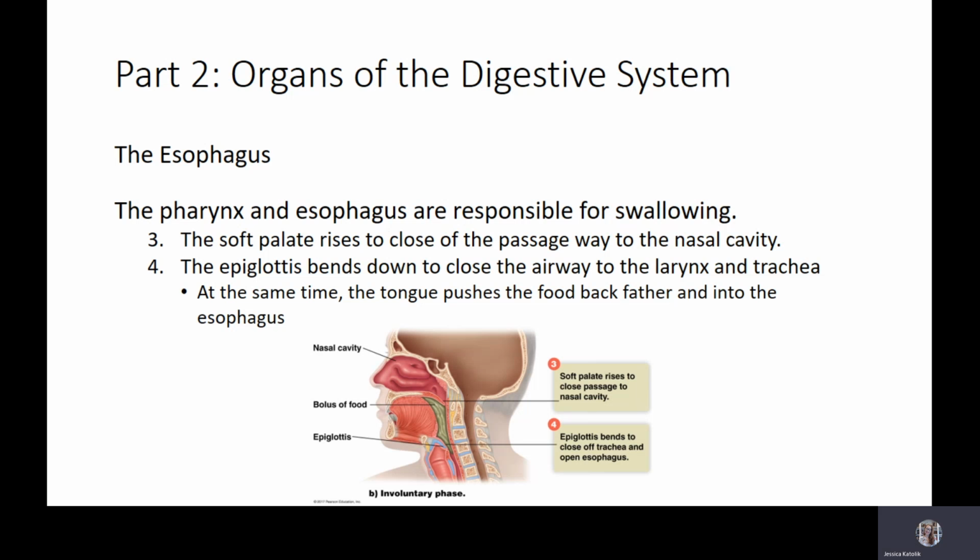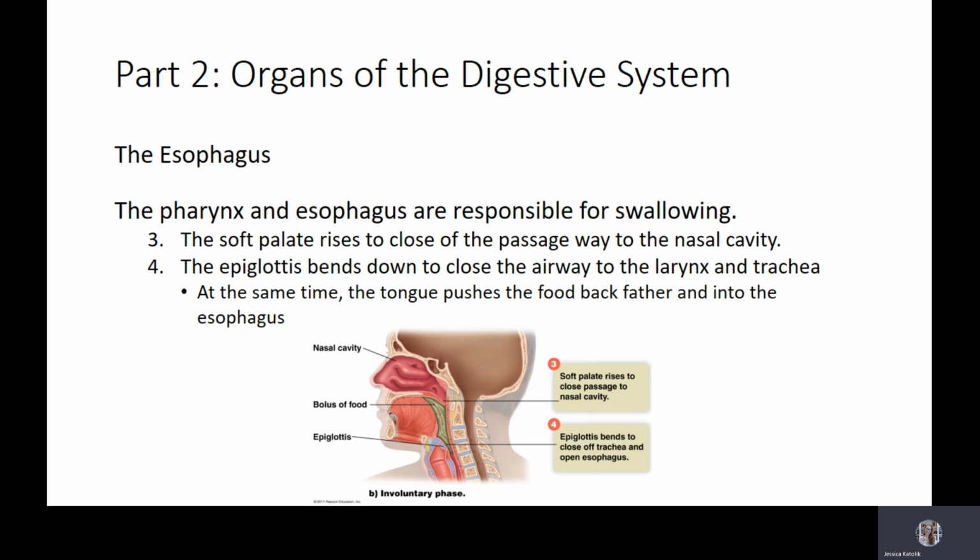The next thing that will happen during this phase is that the epiglottis will bend and close down. It'll bend over the larynx and make sure that food can't actually pass into the air passageway. So food can't go into the larynx and the trachea, and rather the food will be directed into the esophagus instead.